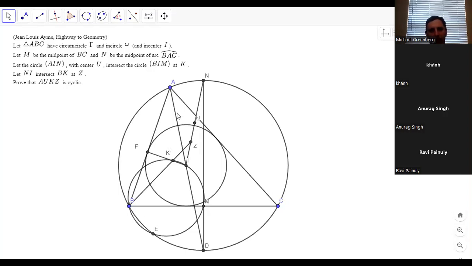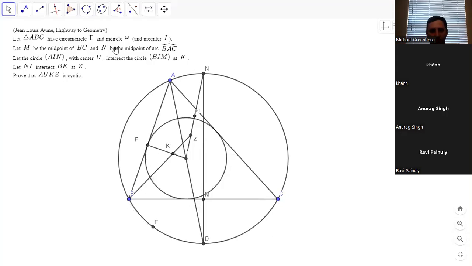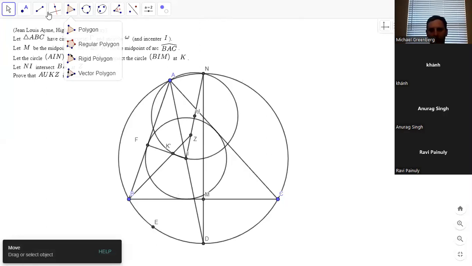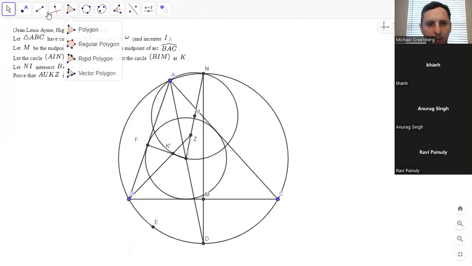So we want to show that A K prime I N is cyclic, right? Do we let AN intersect IK prime, or is there another way to do it? So yeah, oh, sorry, I did the wrong circle, my bad. We wanted this circle. I did the wrong one. Okay. And then we show BIKM prime is cyclic.